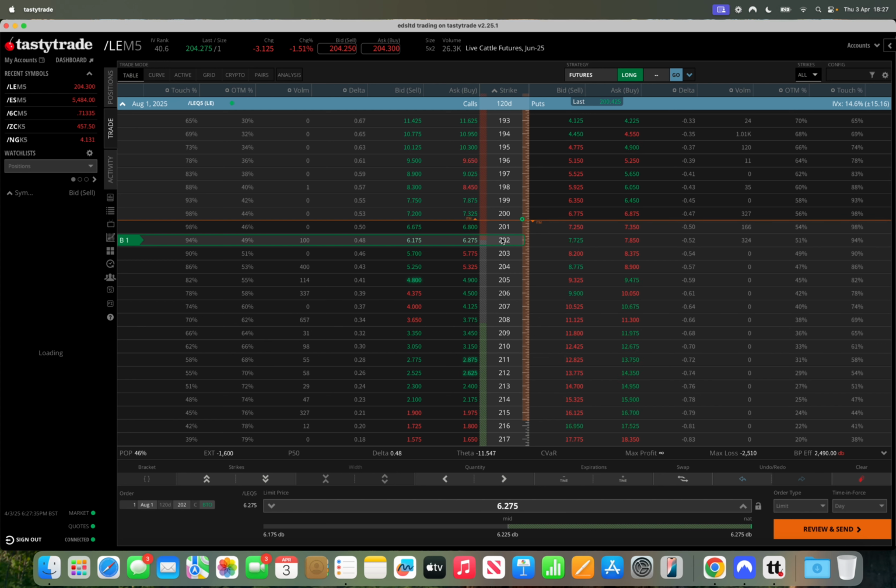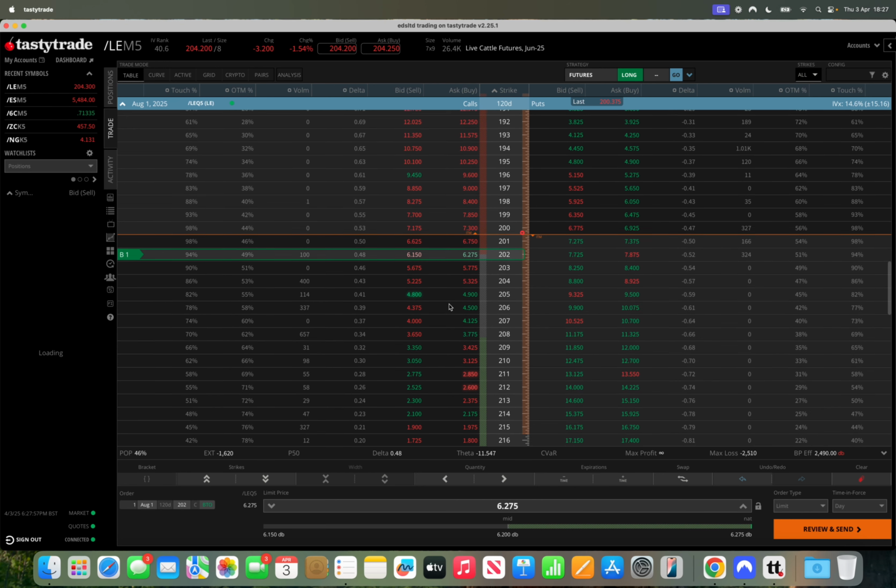So you would need price to go $6.25, or 27 cents, over 202, which would bring you to this 208 level, where you can see this bar goes from gray to green. And when it goes to green, that's where you'll start making money. Anything below that, you're actually not going to be making money. You're still trying to work out of your break-even area.